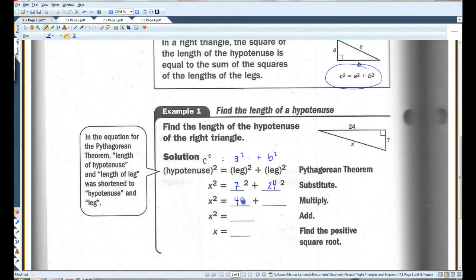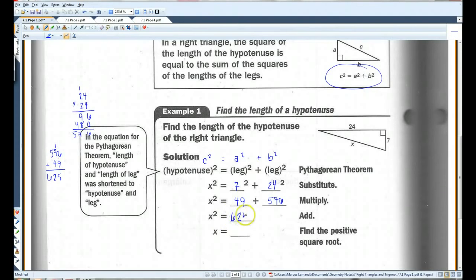7 squared is 49. 24 squared is 576. Add those together: 625.